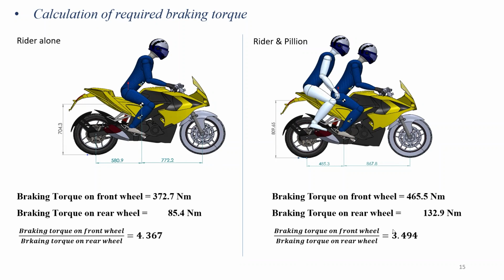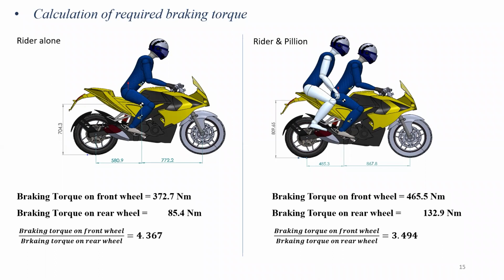But the ratio will be around 3.5. So if we consider the rider alone and with the pillion rider, what will be our braking torque that is required to brake this vehicle? So this is a variable weight or variable rider, 1 rider, 2 rider, 3 rider. Based on that, we can actually calculate the braking torque, and for that braking torque, we can design the MR brakes.